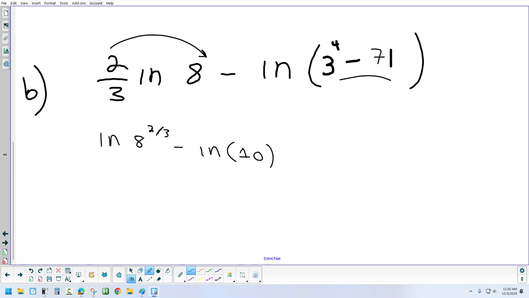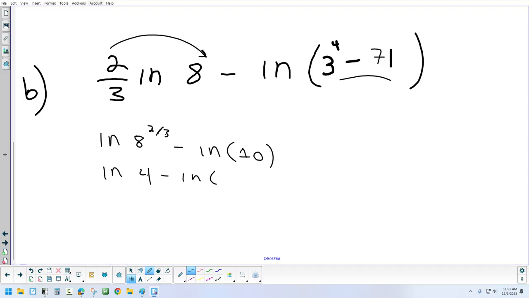And now what's the cube root of 64? 4. You could also do it the other way. You could take the cube root first. What's the cube root of 8? 2. And what's 2 to the second power? 4. You can do it that way too.